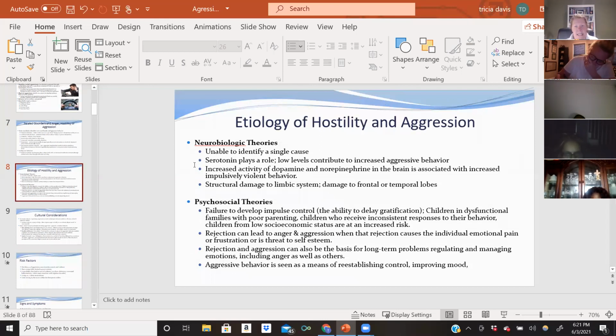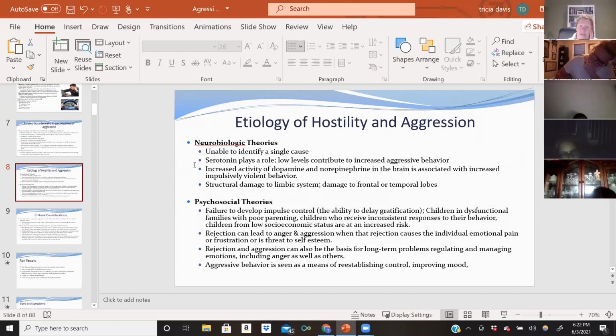So what is the etiology of hostility and aggression? We have neurobiologic theories. Through different studies, they are not able to identify one single cause that contributes to hostility and aggression. They do believe that serotonin plays a role. They believe that low levels actually contribute to increased aggressive behaviors.